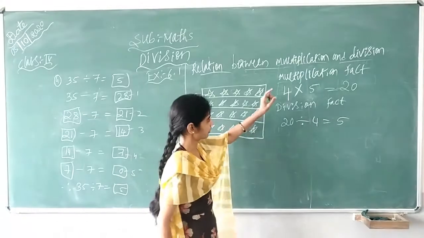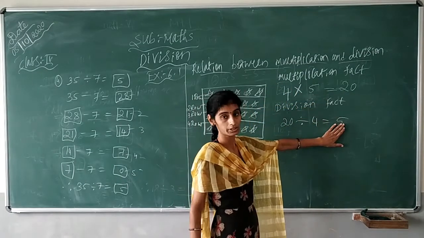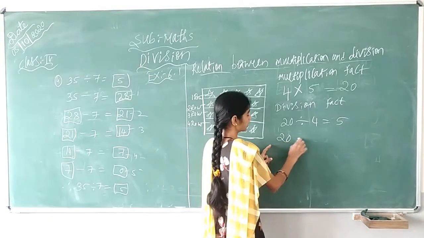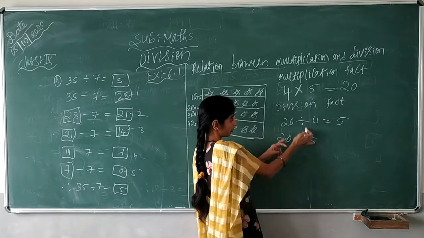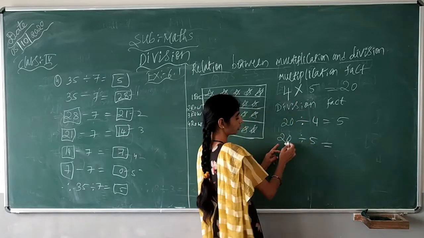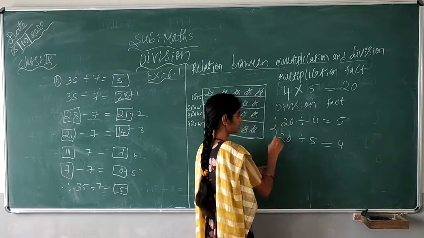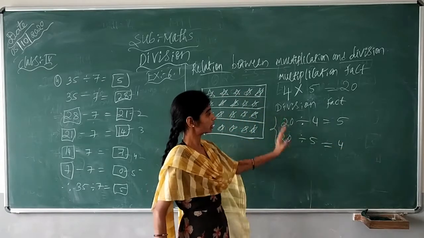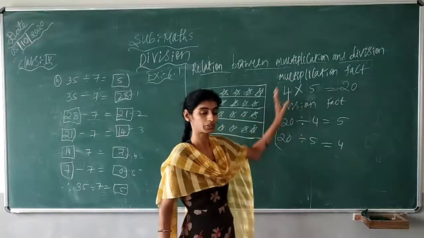For the first one I have written 20 divided by 4. We got 5 as the answer. Second, 20 divided by 5. So already you have written 4. Next you have to divide 20 by 4. So you all know the 5 table, 20 is there. How much? 4. So these two division facts you are going to get from this multiplication fact. Please see it, you will understand.